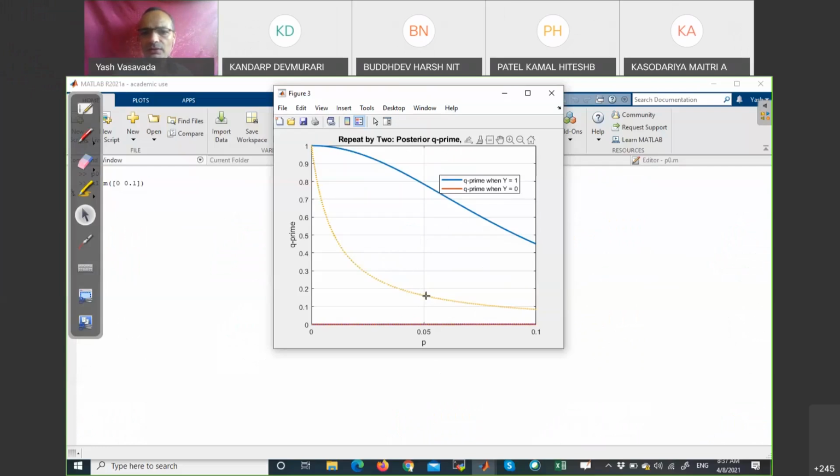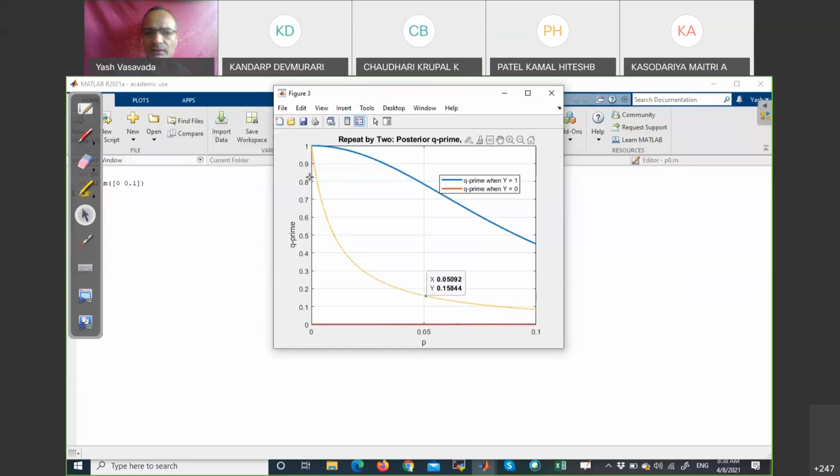So you see, when we do just one test and we are looking at P equal to 0.05, the probability that the person has the disease is close to 16%. Right here it is 0.15844.